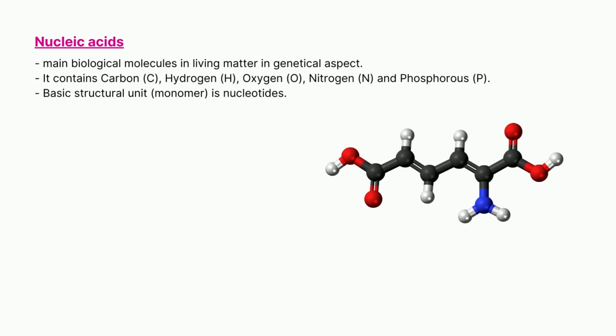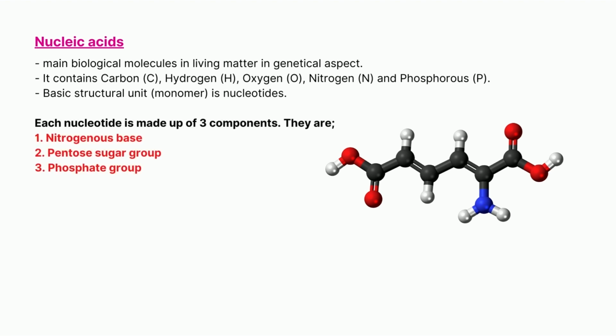The basic structural unit is nucleotides, which means the carbon, hydrogen, oxygen, nitrogen, and phosphorus elements form the compound nucleotides, then many nucleotides combine to form nucleic acids. Each nucleotide is made up of 3 components. They are nitrogenous base, pentose sugar group, and phosphate group. This shows the structure of the nucleotide, how the nucleotide is formed.